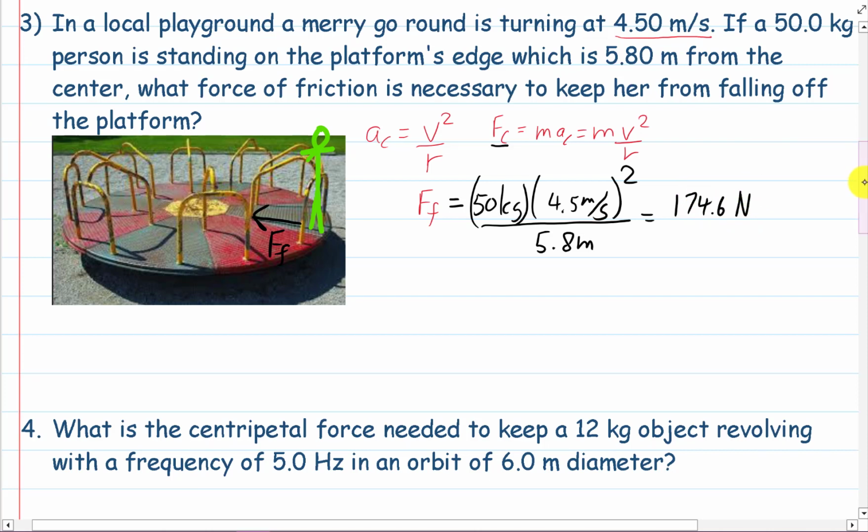That will be the force that's necessary to push her to make that circle. This is the force that is necessary to cause the net force, which causes the circular motion. We need to have a net force of 174.6, therefore, to cause this acceleration, which we didn't calculate, to cause her to go in that circle.